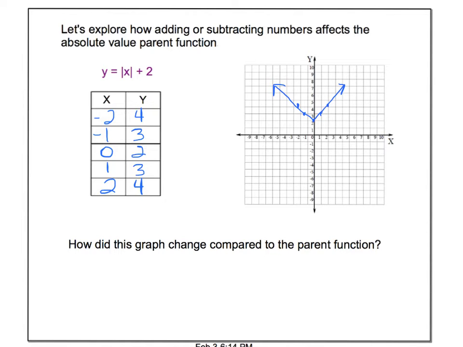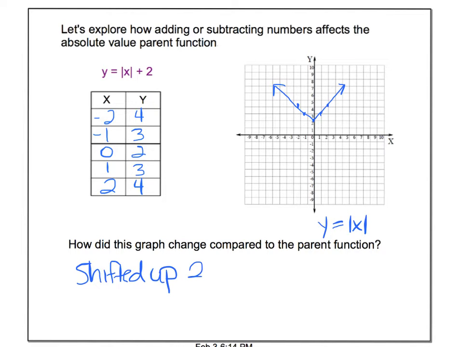Now, how does this graph look compared to the parent function? What would you say about this one? Hopefully you use the vocabulary word that it is shifted up 2. Now, what is shifted up 2? The vertex.